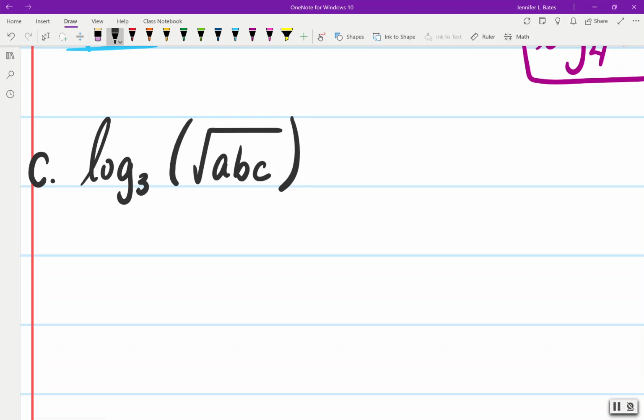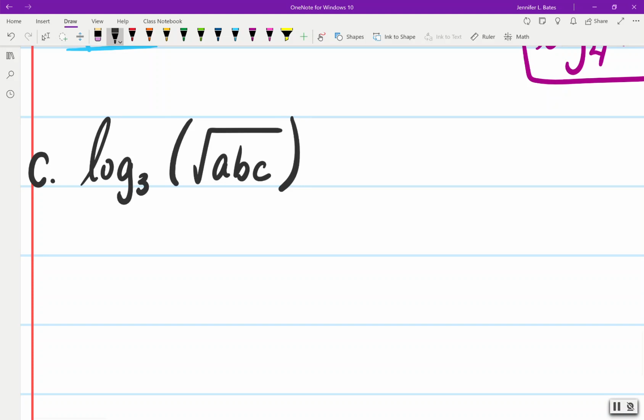Now, when I'm first starting this problem, it's really easy to think, oh, I have a log and a bunch of stuff getting multiplied in the argument. However, all that stuff getting multiplied is trapped under a radical. So the first thing I'm going to have to do is deal with that radical and get rid of it.